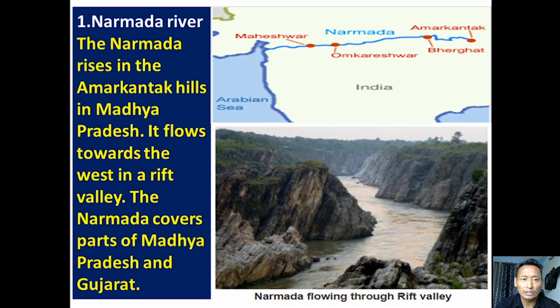The Narmada River rises in the Amarkantak Hills. Amarkantak Hill is the meeting point of the Vindhya and Satpura ranges in Madhya Pradesh, so the origin of the Narmada River is from Amarkantak Hill, in the Indian state of Madhya Pradesh.